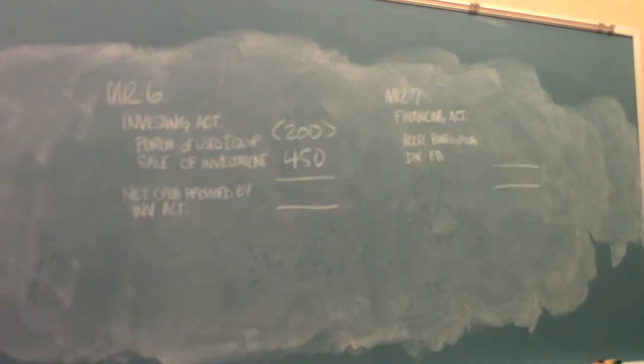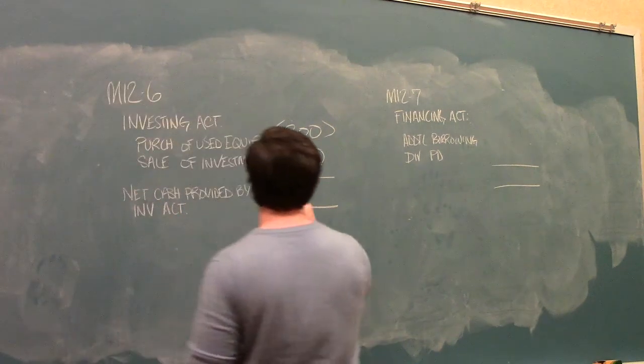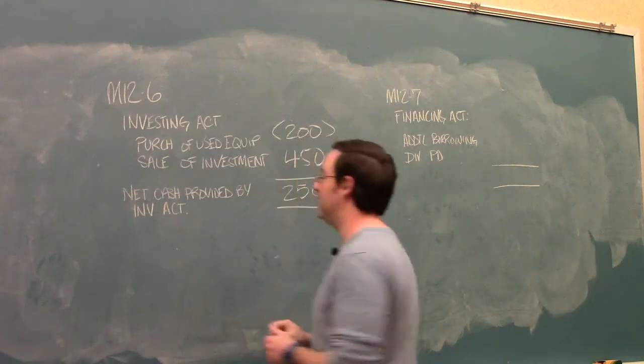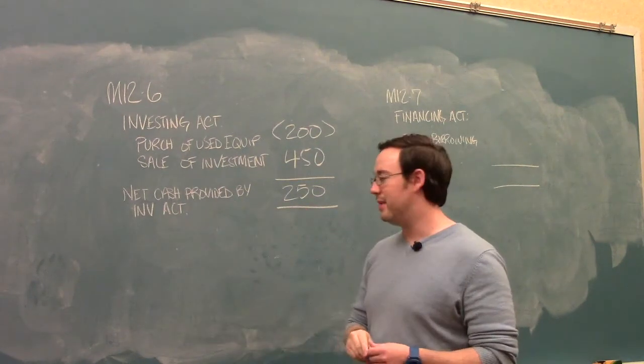Moving on with the next data. Dividends received, as I just mentioned a moment ago, is the operating section. In the same way, interest received is the operating section as well. That leaves us with a net cash provided by investing activities of $250. And notice this line item that I'm using here.